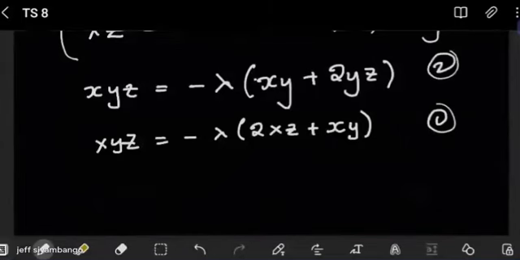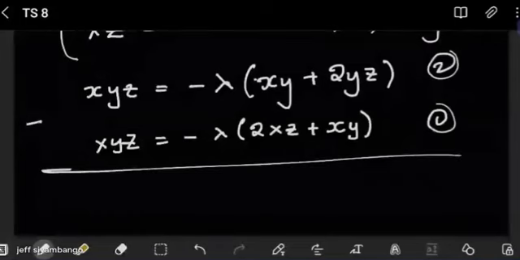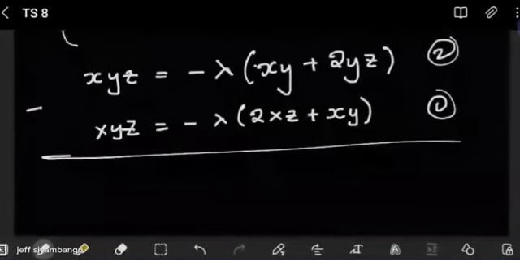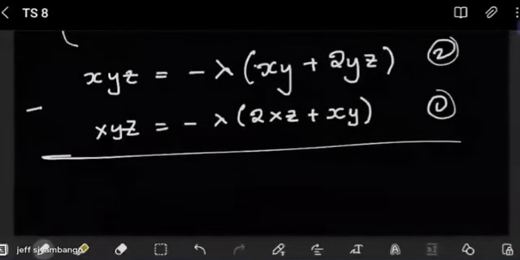Now we can subtract them. If you subtract these two equations, again, it doesn't matter which one you subtract from what, it's still going to give you the same results. So when I subtract them here, I'll say from 2, I'll subtract 1.